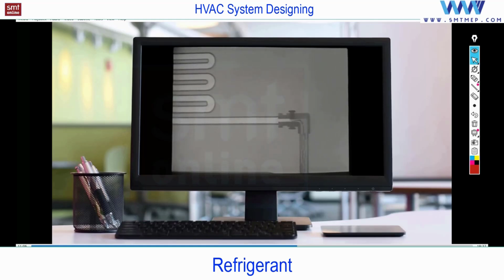The high-pressure refrigerant must now be reduced to a low-pressure liquid so that it can evaporate at a low temperature. The refrigerant passes through an expansion valve which divides the high and low pressure sides and controls the flow of refrigerant into the cooling unit.